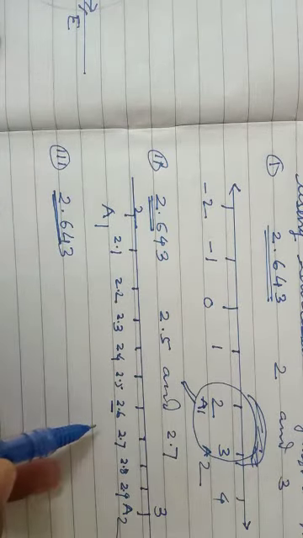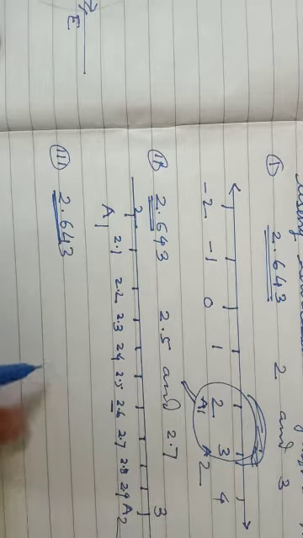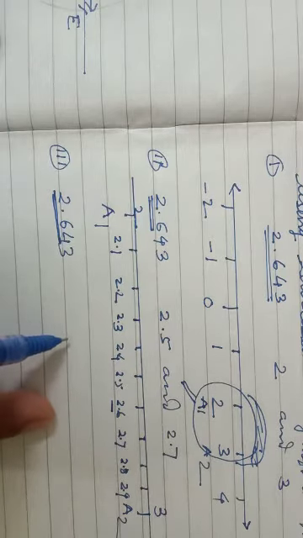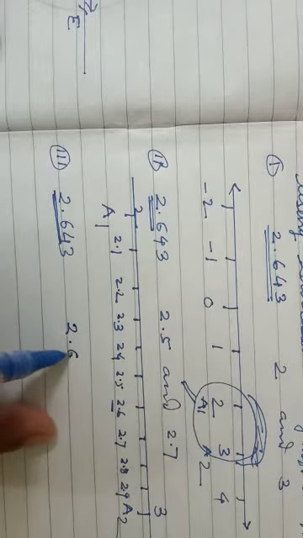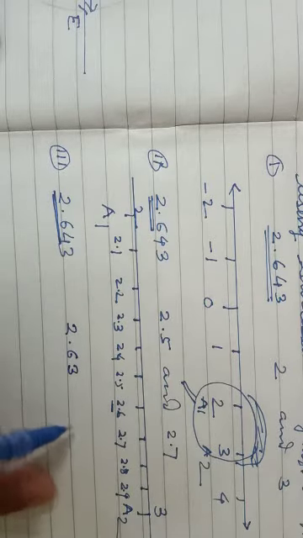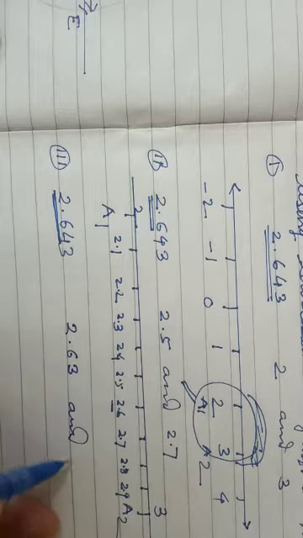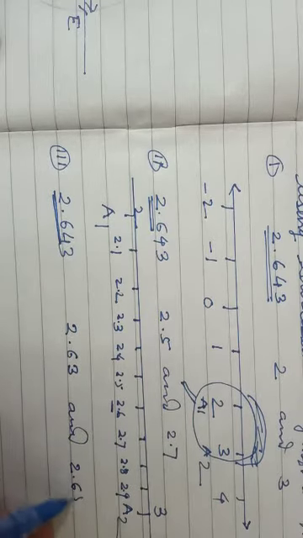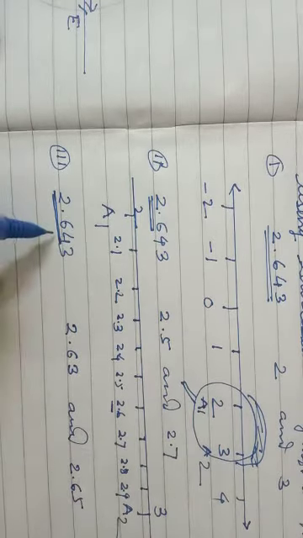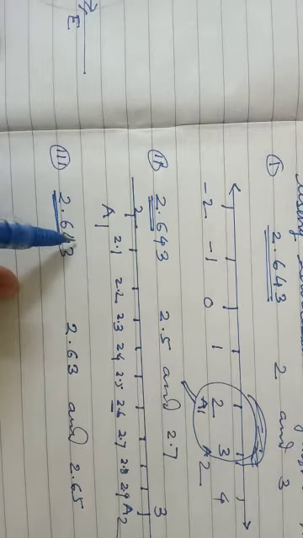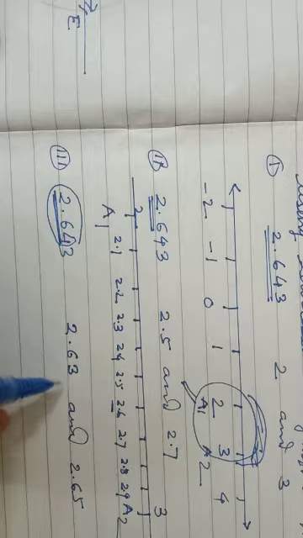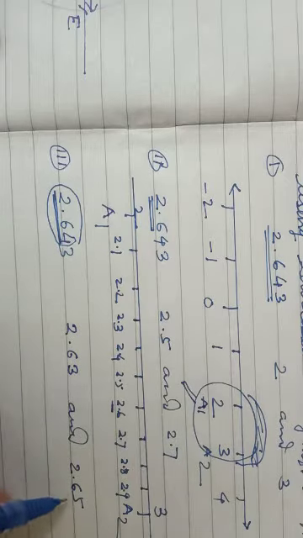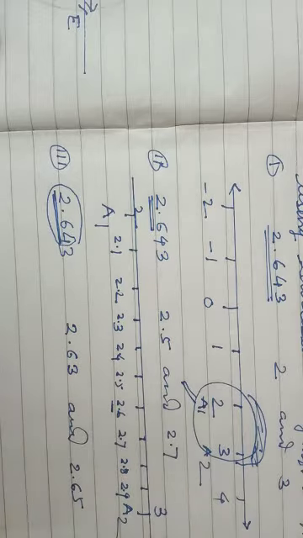2.64 lies between 2.63 and 2.65. That value lies in this place between 2.63 and 2.65.